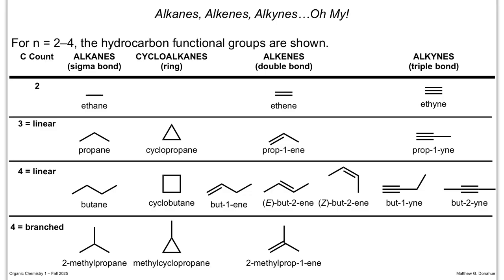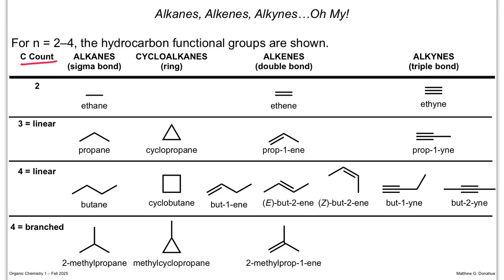Then for alkyne, carbons 1 and 2 have 2 sigma and 2 pi bonds. So here's a table to show you what I meant by these different isomers according to the functional groups. The first column has carbon count starting with 2, then 3, then 4, then 4 branched.